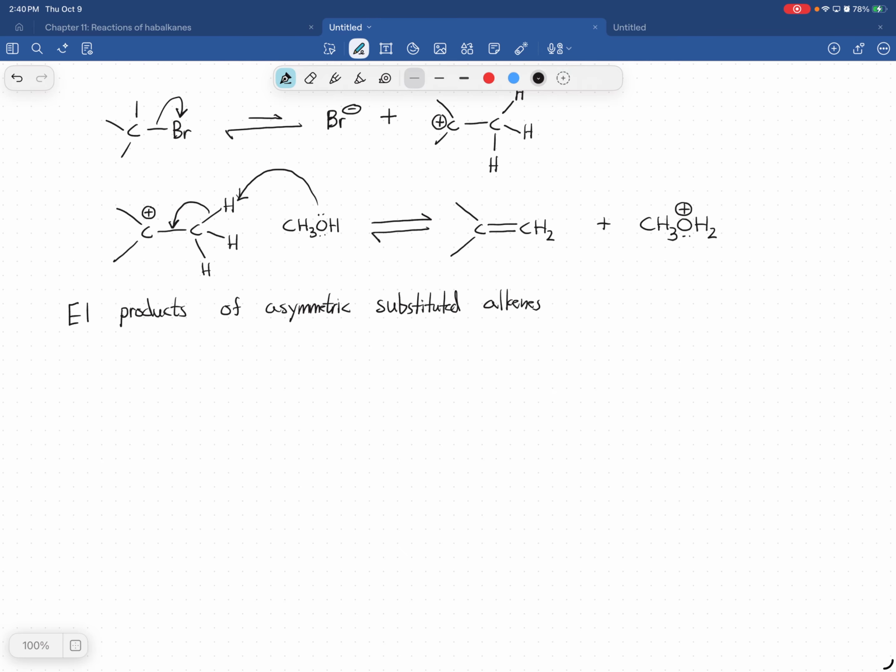All right, so let's use this example. So we have a carbon with a chlorine, a methyl group, and then an isopropyl group. All right. So let's see what happens here.